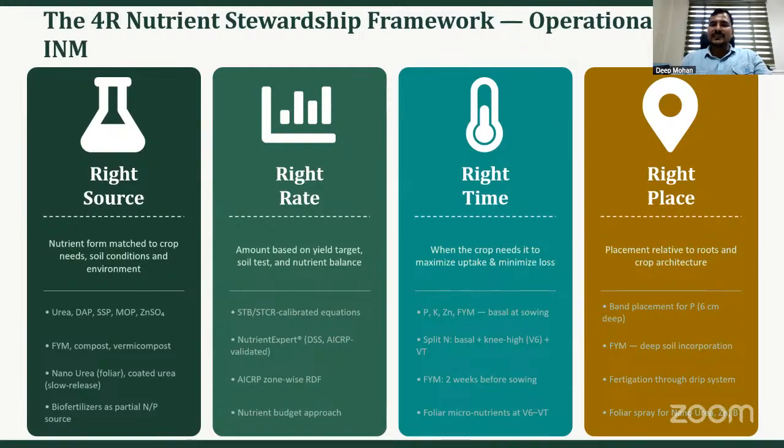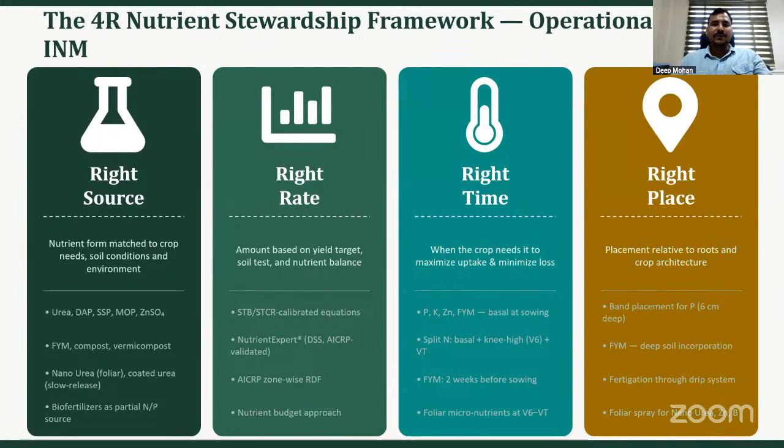It may be through the STCR equation, the Nutrient Expert, or the GreenSeeker. So how much to apply is not from a blanket recommendation. We should opt for some kind of tool like soil testing, STCR or GreenSeeker, because the rate, source, time, and place are going to affect our outcome, or maize yield.